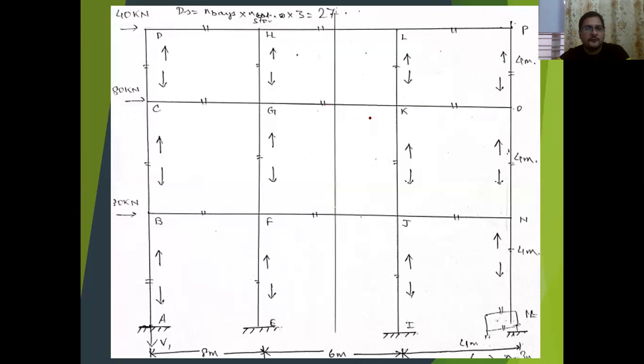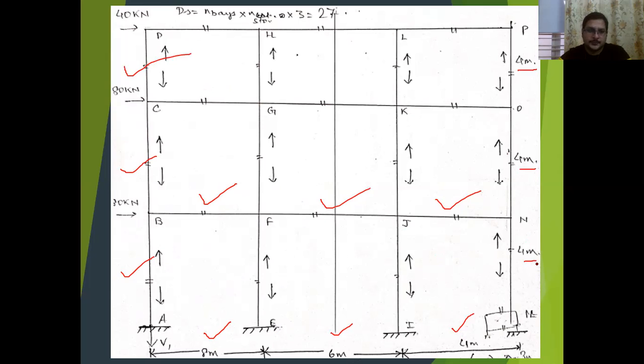So now coming to the frame, if you see, we have 3 bays, first, second and third, which is the center to center distance between columns. And we also have 3 stories, that is a 3 by 3 frame. We have the bay widths of 8 meter, 6 meter and 4 meter respectively, and the floor heights are all the same, 4 meter each.